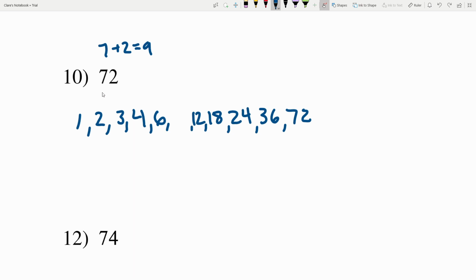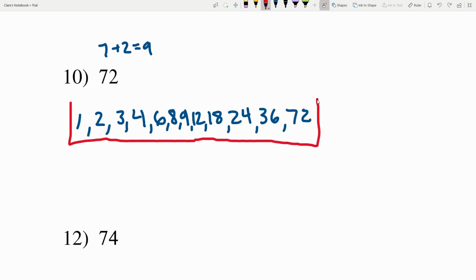And I know that 9 divides into 72 because 7 plus 2 is 9, and 9 divides 9, so that's going to be 8 and 9, because 8 times 9 equals 72, and there's no other number left in between to check. So 1, 2, 3, 4, 6, 8, 9, 12, 18, 24, 36, and 72 are my factors of 72.